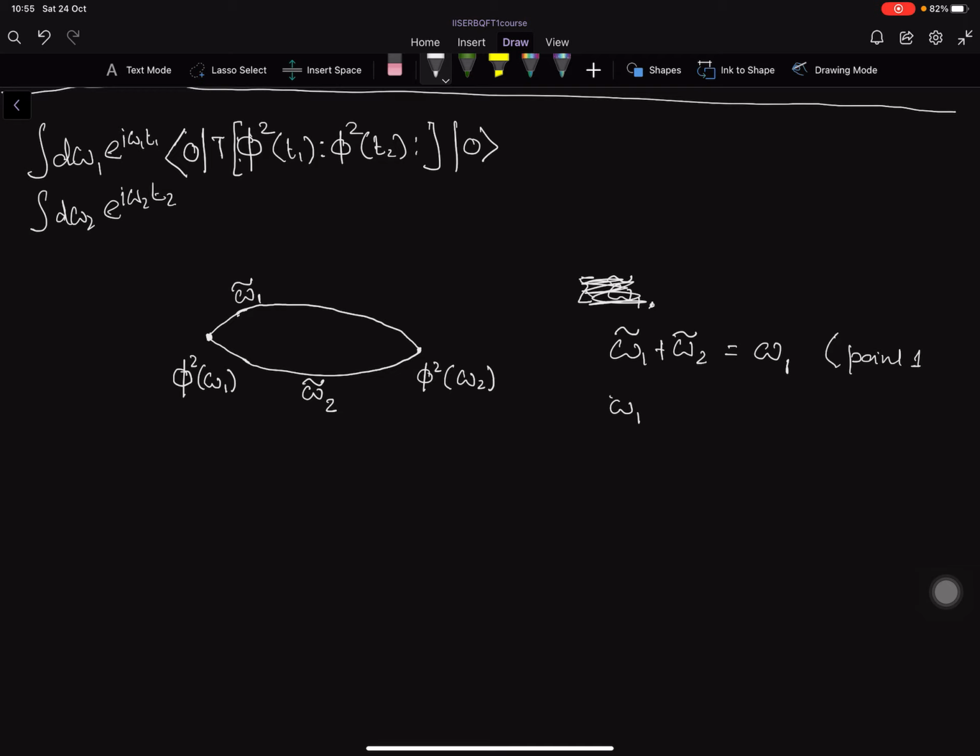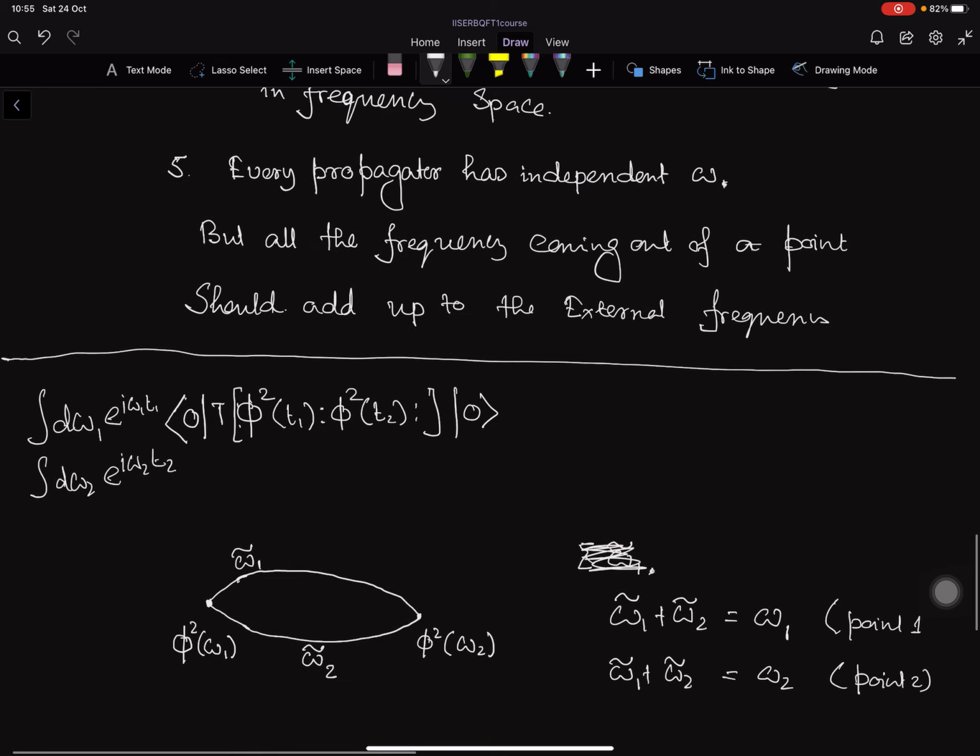And similarly omega tilde 1 plus omega tilde 2 should add up to omega 2 from point 2. Okay, so I forgot to mention here, and then the sixth point: for all undetermined frequencies, we have to integrate over them.